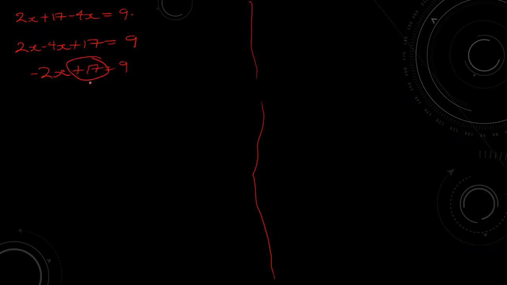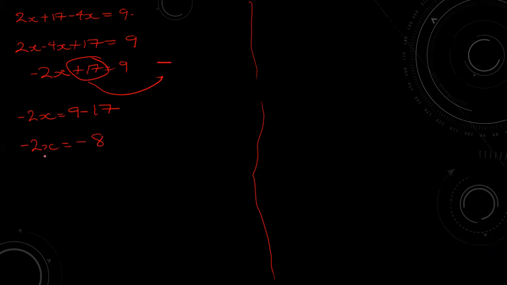So we can move this plus 17 to the other side. It becomes minus. So minus 2x equals 9 minus 17, which will be negative 8.